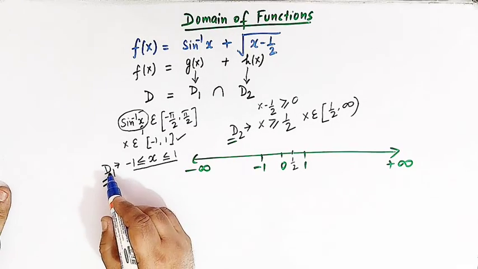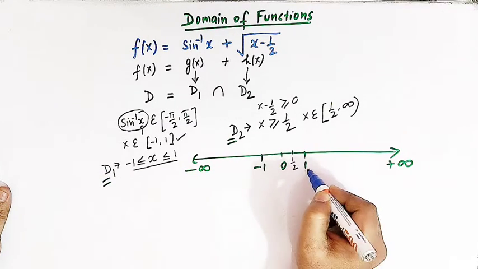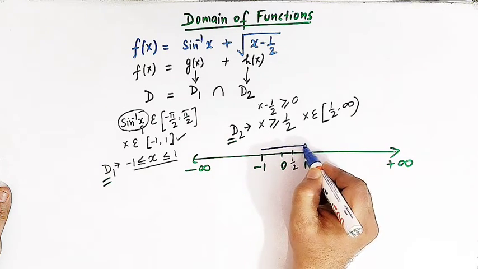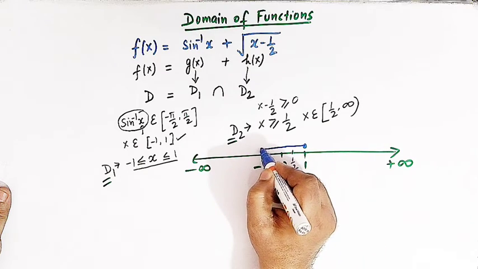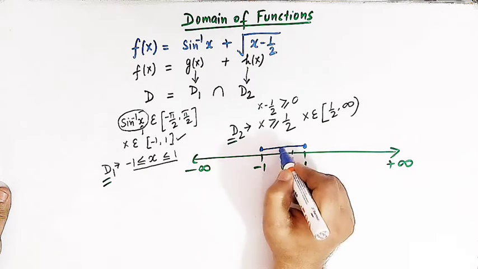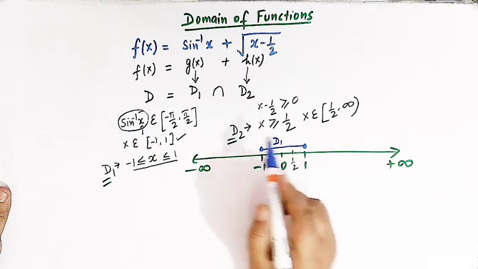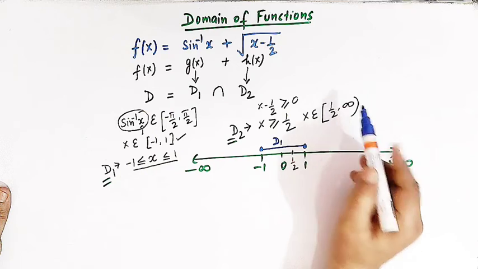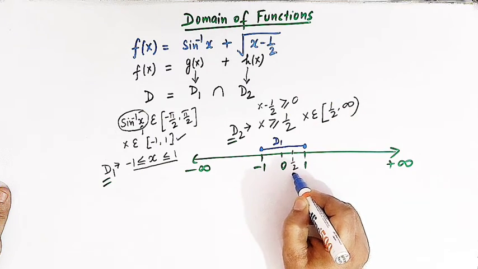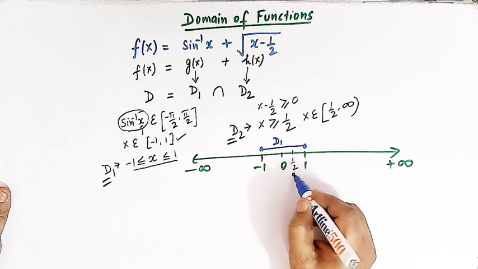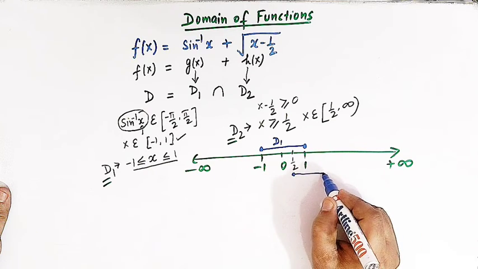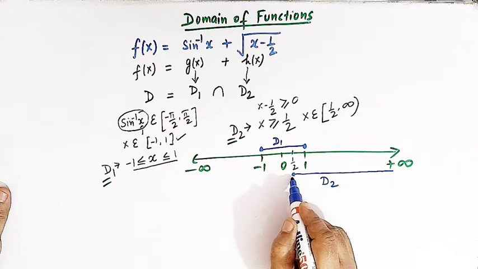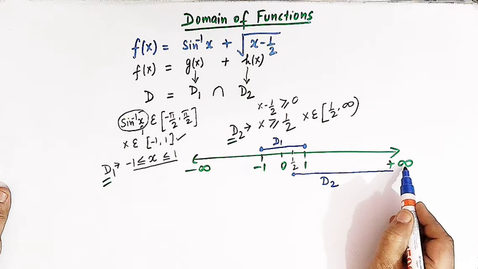So now d1 is from minus 1 to 1. So here we have d1, including both these endpoints, right? So this is our d1, and d2 is given by this interval that is half to infinity. So here half is included, and we go like this, right? So this is our d2 from half to plus infinity.